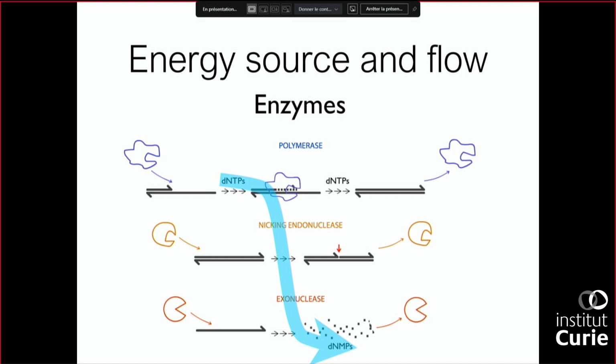There are triphosphates called dNTPs, so activated DNA building monomers, which are incorporated into DNA strands. So the polymerase uses dNTP and creates new strands of DNA. And then these new strands of DNA are cut first by a nicking endonuclease, and then by an exonuclease. And what you release is NMP, monophosphate, so deactivated monomers, right?